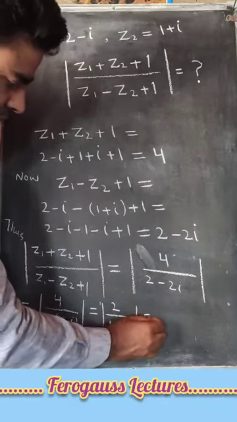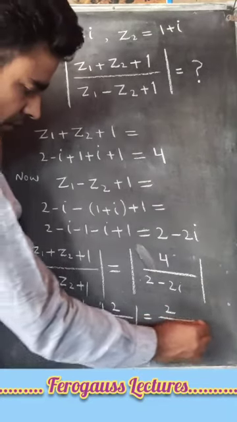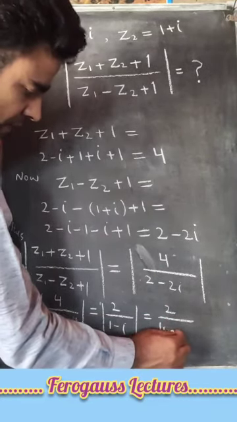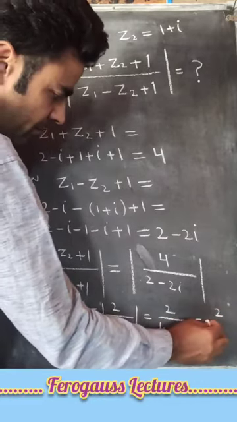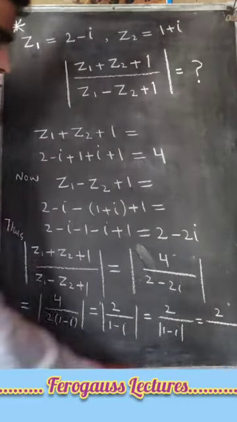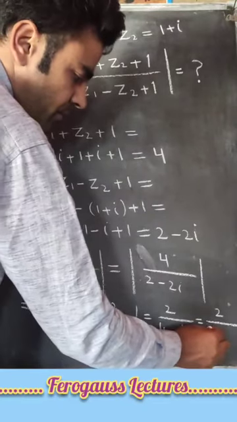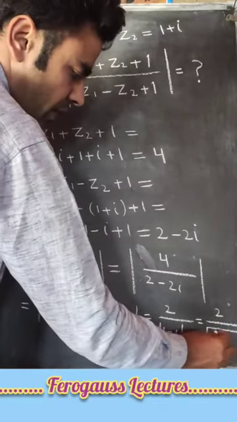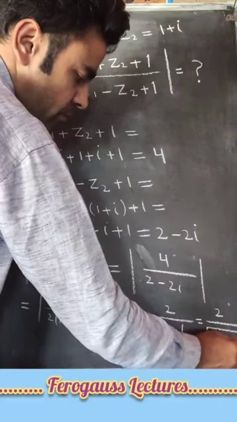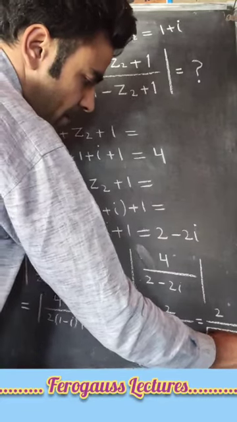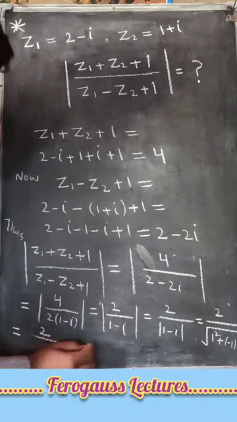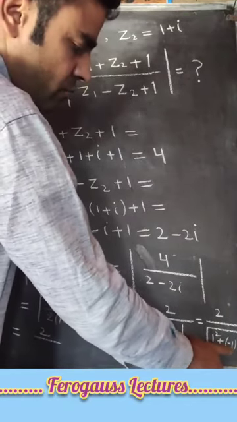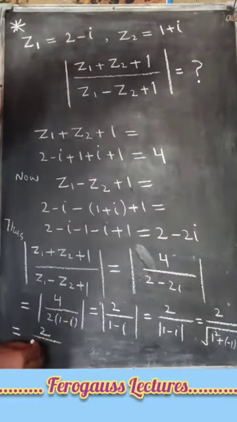Now modulus of 2 is equal to 2, and we write here modulus of 1 minus iota, that is equal to 2 divided by modulus of 1 minus iota, that is square root of real part square, that is 1 square, plus imaginary part square, that is minus 1 square. So that is further equal to 2 divided by 1 square is 1 plus minus 1 square is 1. So 1 plus 1 is 2. It's 2 divided by square root of 2.